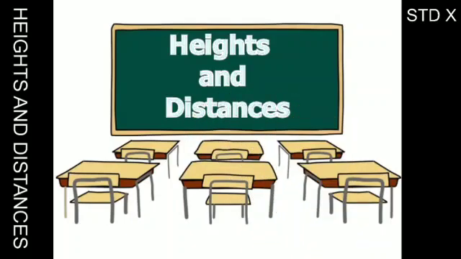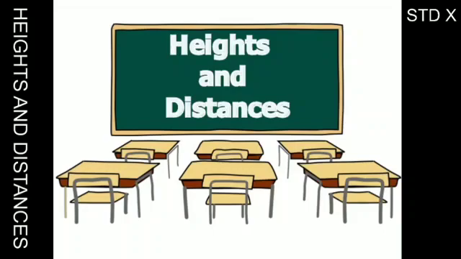I am back with your new chapter, Heights and Distance, which is a very important chapter from your examination point of view. Children, in Standard 10, in the trigonometrical section, this is the third chapter.